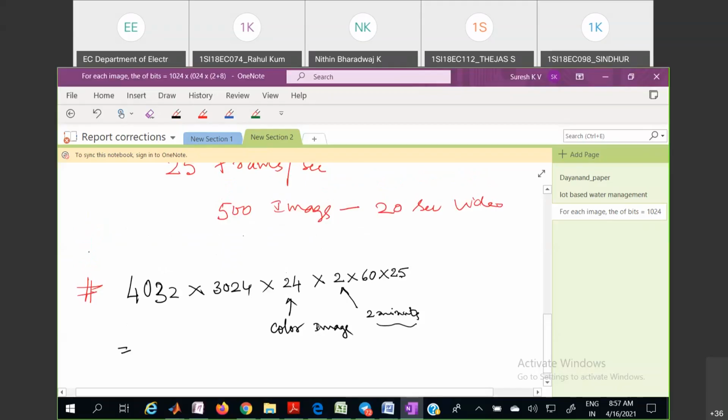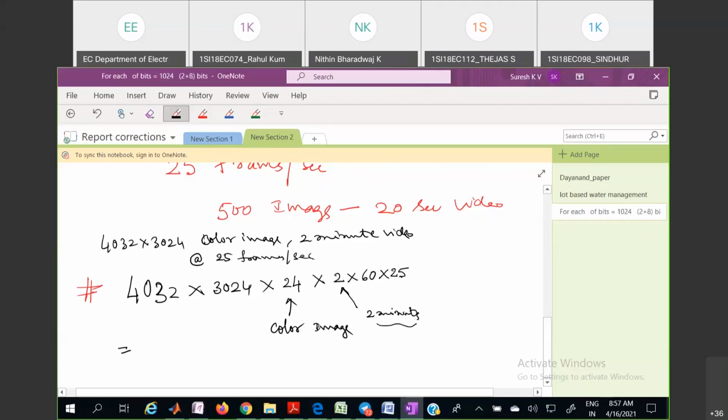Yes, so let me write the problem. 4032 cross 3024 color image, 2-minute video at 25 frames per second. Yes, I forgot this. If you do this multiplication, the calculator will give a very, very big number, something like 8.77 into 10 to the power of 11.